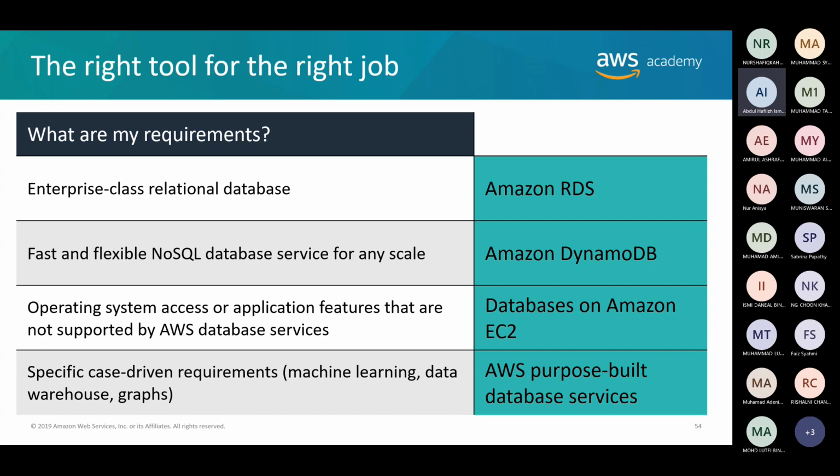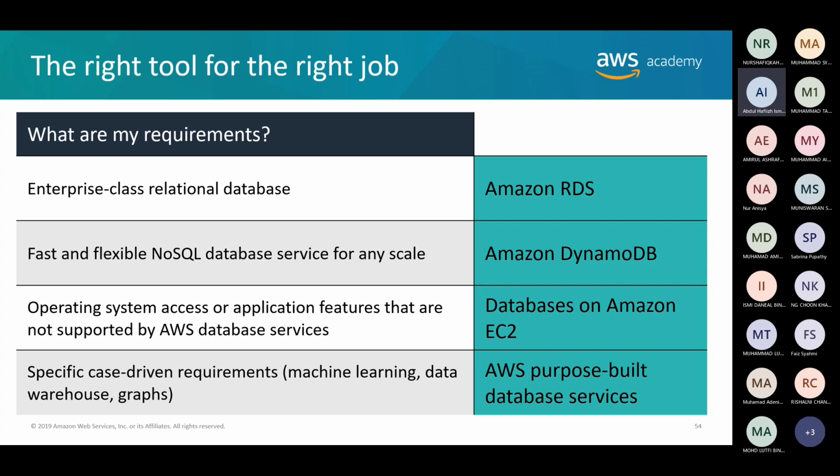So AWS offers a broad range of databases that are built for your specific application use cases. For example, kalau enterprise class relational database, better use Amazon RDS, and for a fast and flexible non-relational database for any scale, use Amazon DynamoDB.